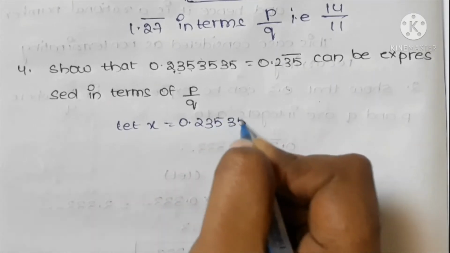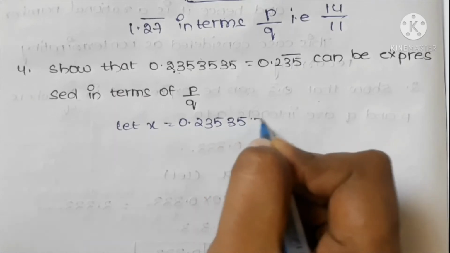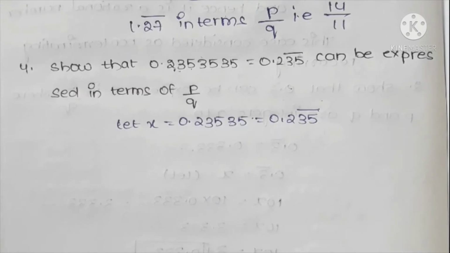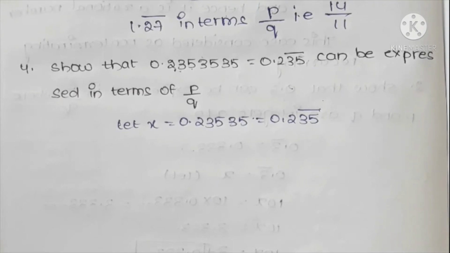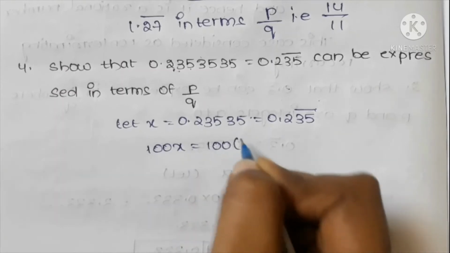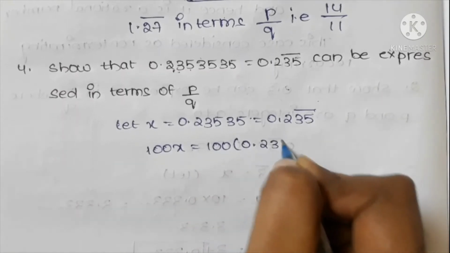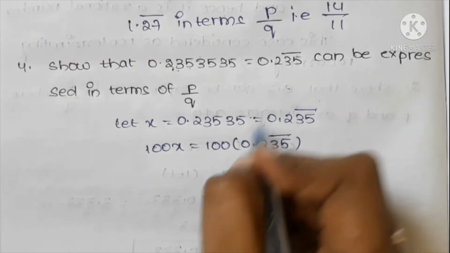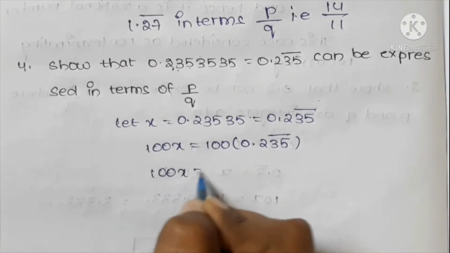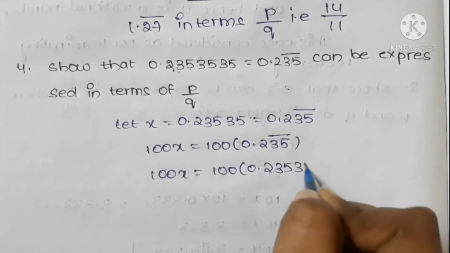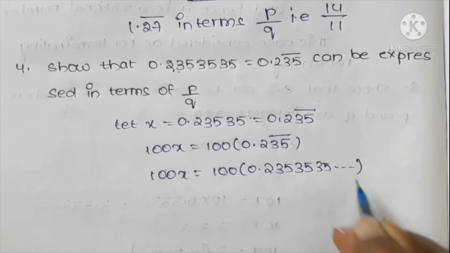Now let us assume it as x, that is x equals 0.235353... Now here it should be multiplied with 100, that is 100x equals 100 into 0.235353... and so on.